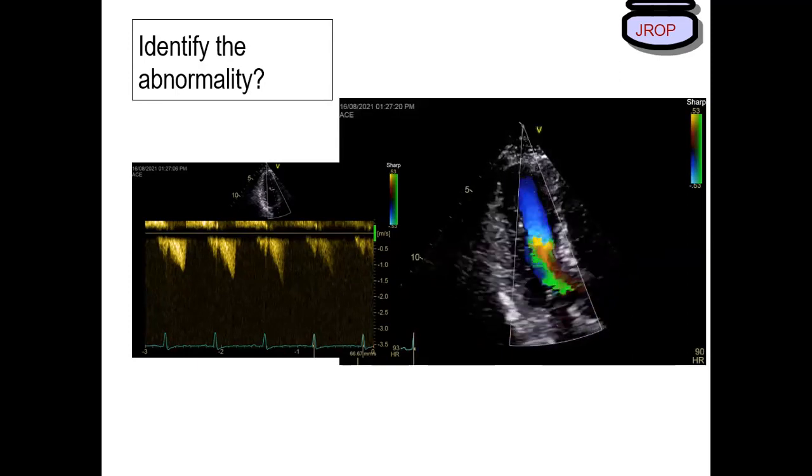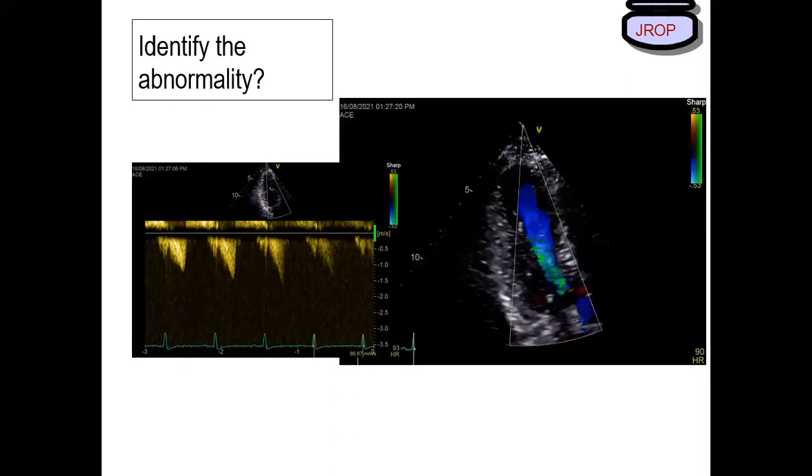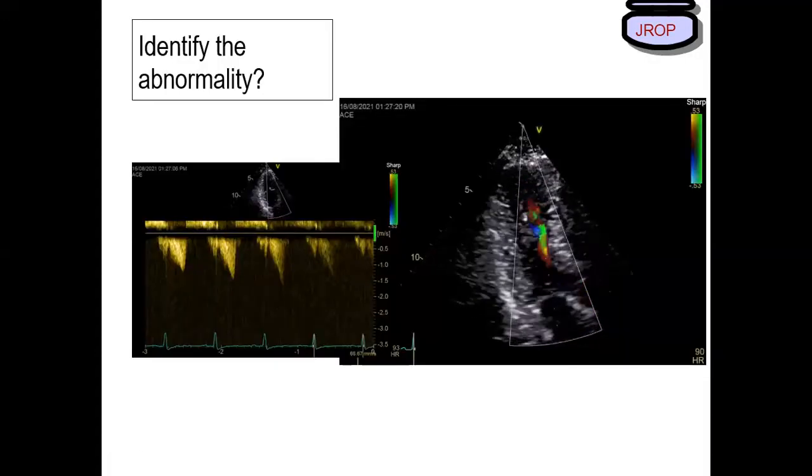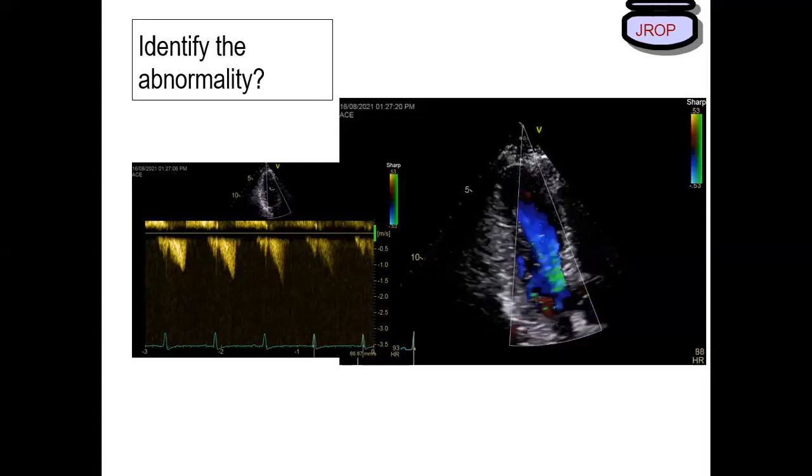Dr. Nida, would you like to take this question? Yes, sir. Go ahead. Tell me the abnormality, Nida, in this patient. Sir, mid cavity obstruction, but the gradients are not that significant. Right. Great, Nida.